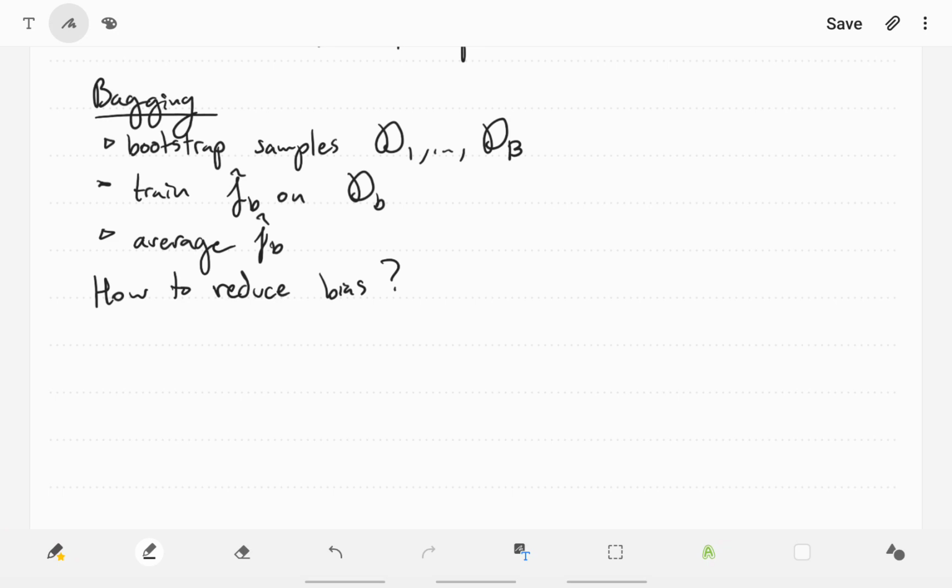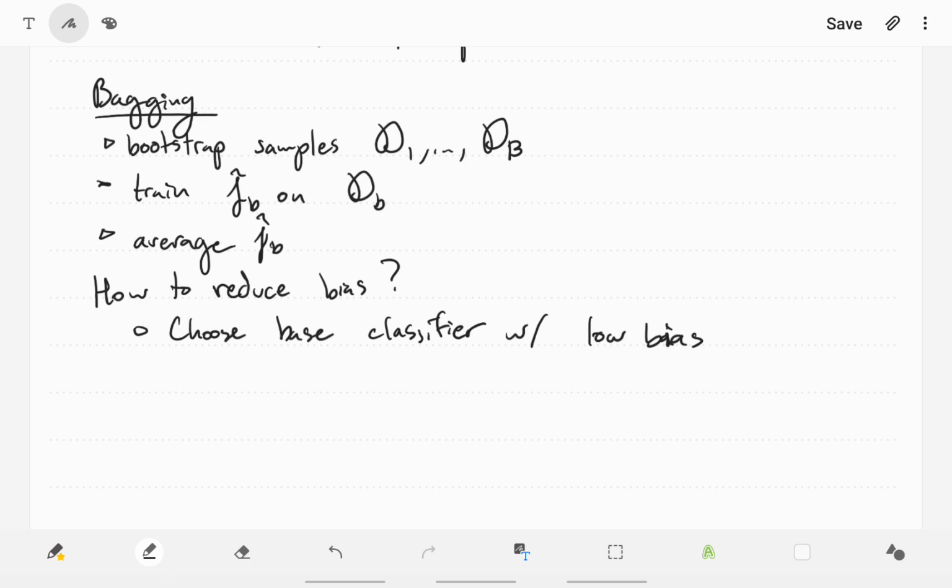So what we have to do is just choose a base classifier with low bias. That's the only thing we can really do. Now, in the context of decision trees, they are going to have low bias if you grow the depth quite a bit.